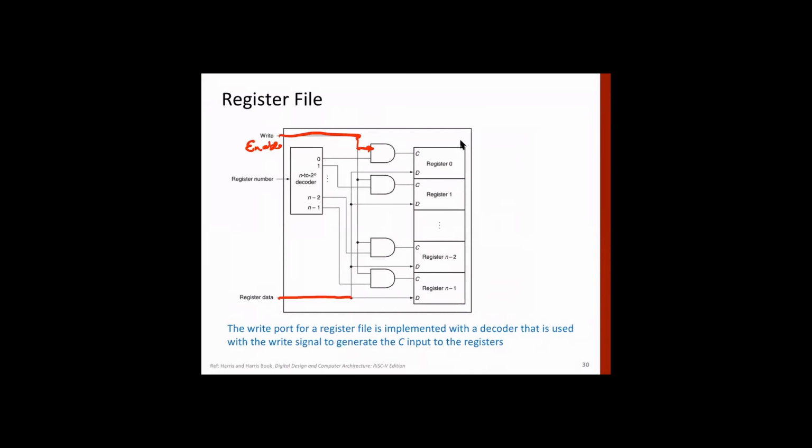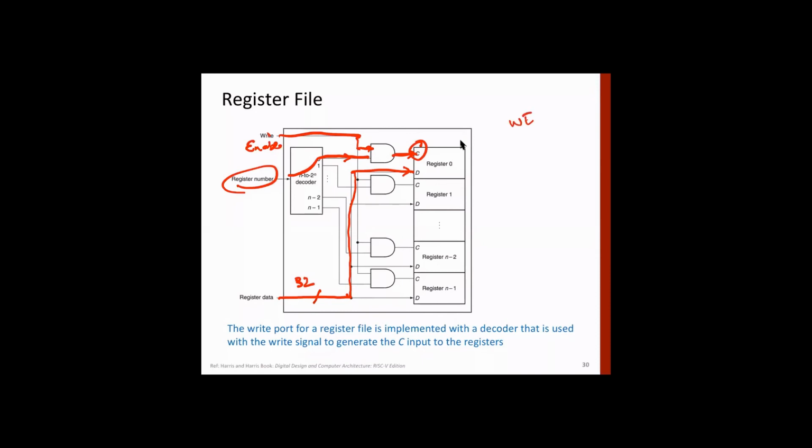Now here this has to be 32. So this bus is 32 wide, going here. Using this register number, if the output is 1 here, only then this will be enabled. So in the register we have write enable.